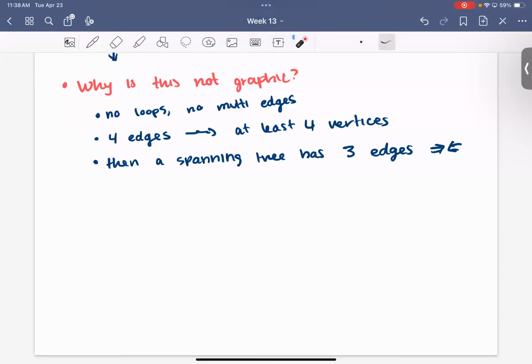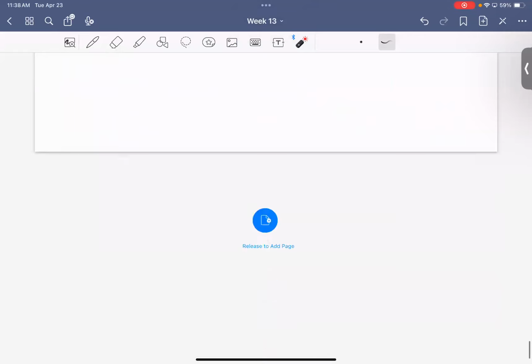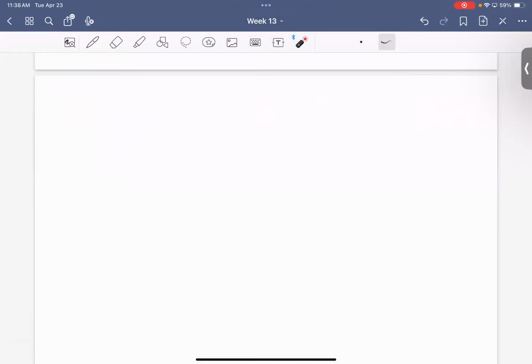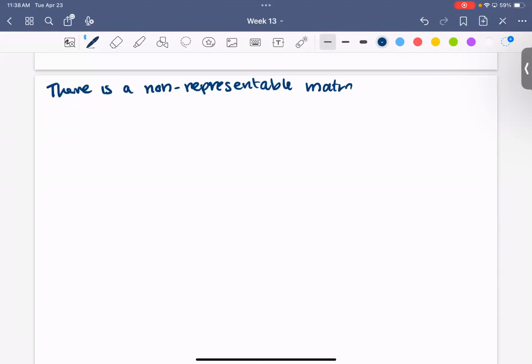So this is a very old theorem from Pappus of Alexandria. Let's see a non-representable matroid. This is not the theorem of Pappus because they didn't have matroids back then, but we'll use Pappus's theorem to get such a matroid.